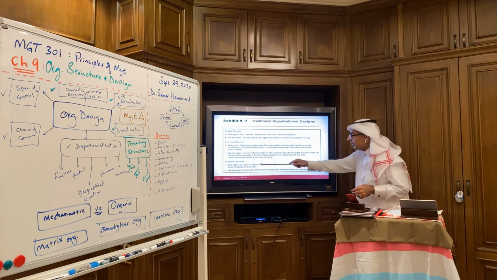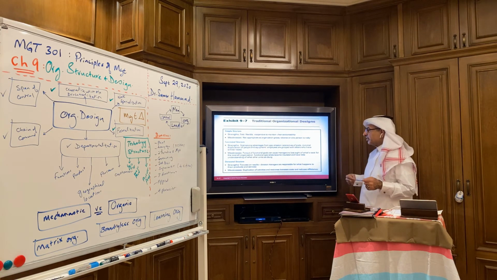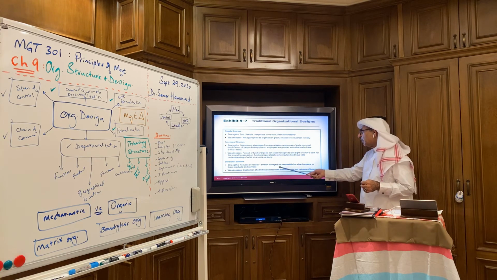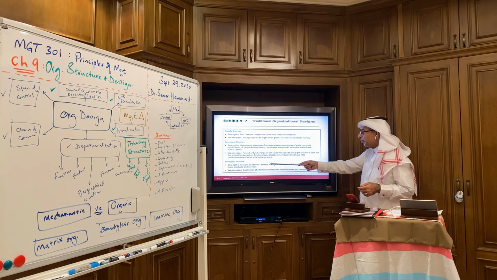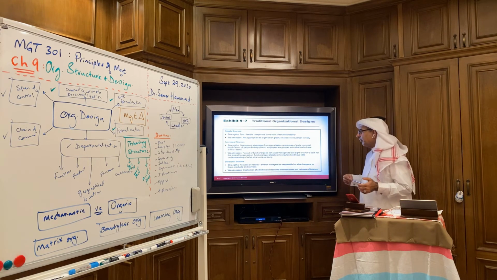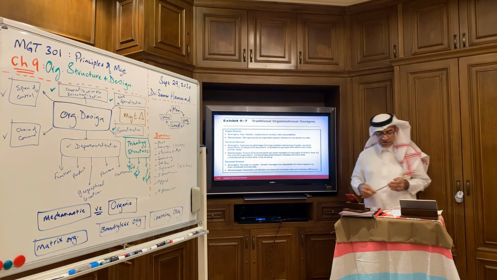Divisional structure strengths: focus on results. Division managers are responsible for what happens to their products and services. Weaknesses: duplication of activities and resources increases cost and reduces efficiency.